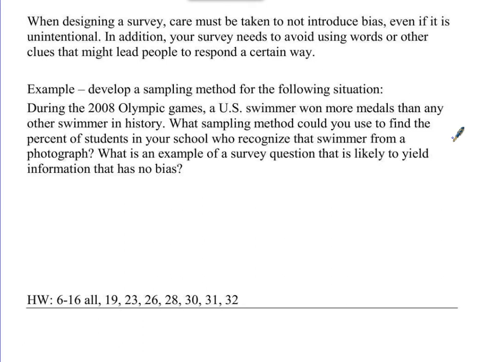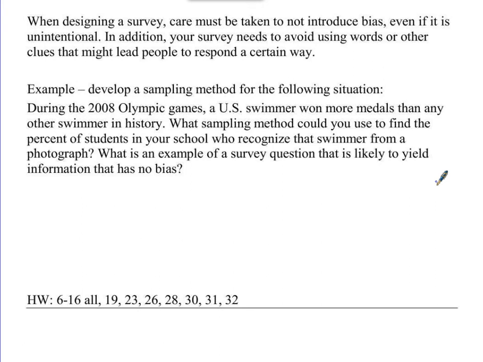Say nothing. Who is this swimmer? Michael Phelps. Did you know that just by reading the information? Okay. So, obviously we know who it is. We read the paragraph. But you are going to go out into the hallway or something and ask people if they know who this is.